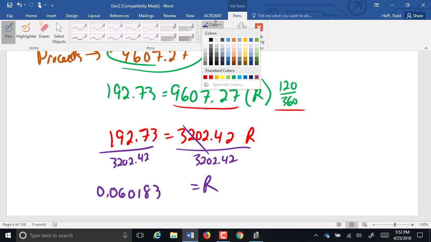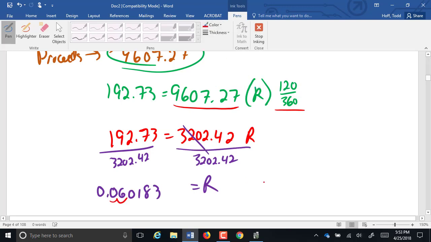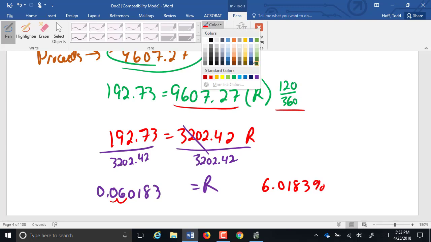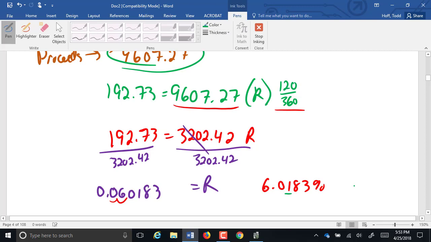That's a rate. Move that decimal 2 spots to get 6.0183%. Rounded to hundredth of a percent, that's 6.02%.